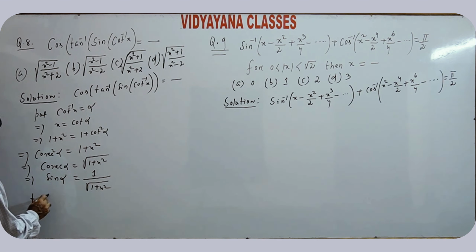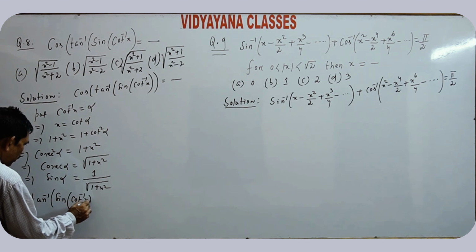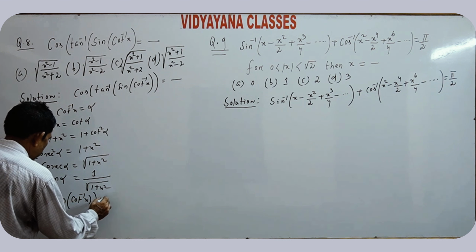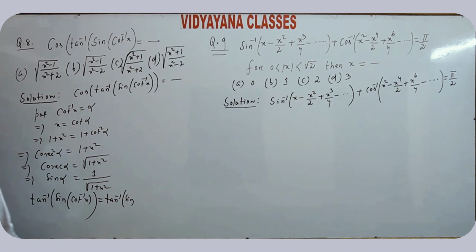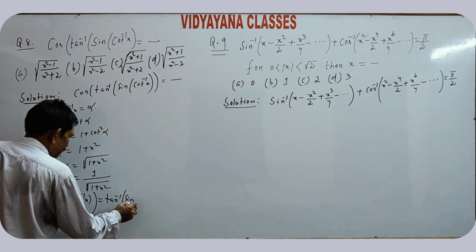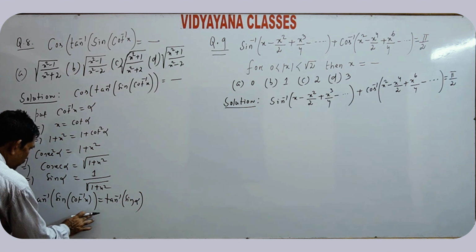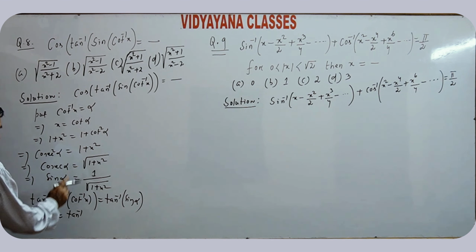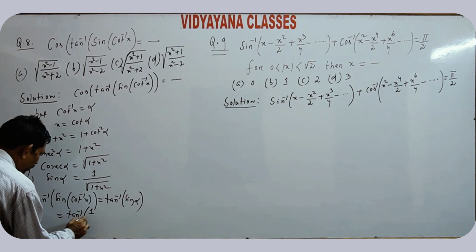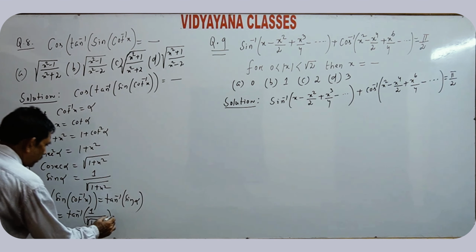Tan inverse sin cot inverse x is equal to tan inverse sin alpha, which is tan inverse of 1 divided by square root of 1 plus x square, is equal to beta.